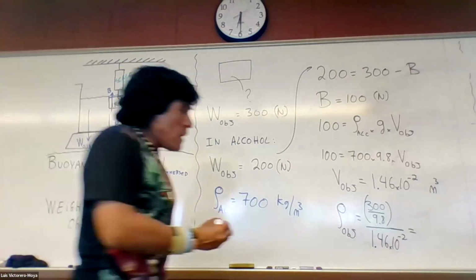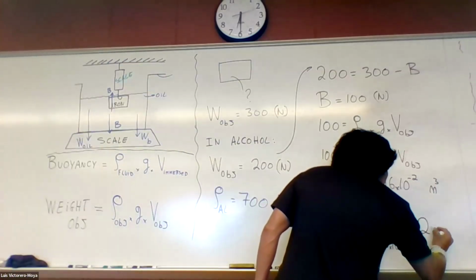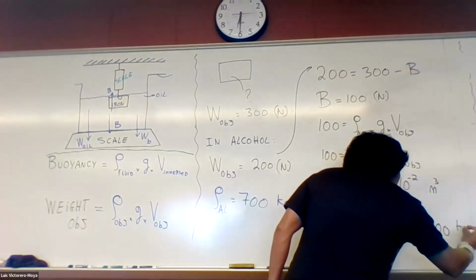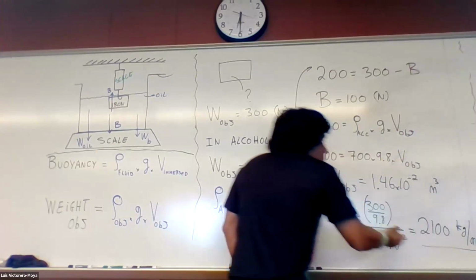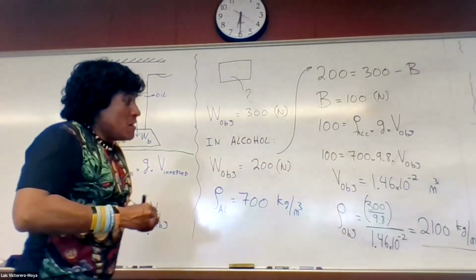And I get a density of 2,100 kilogram per meter cube. So then you can go and take a look what type of material it is.